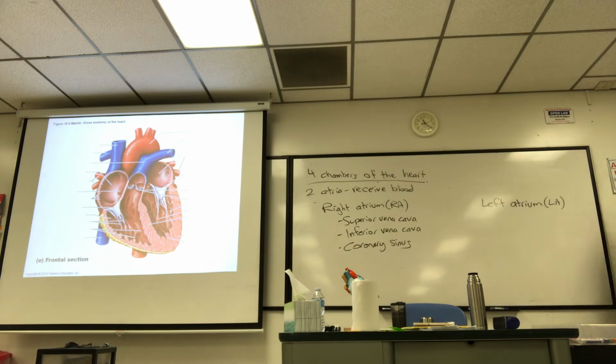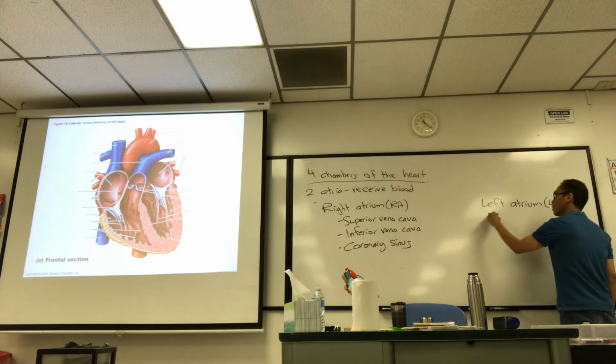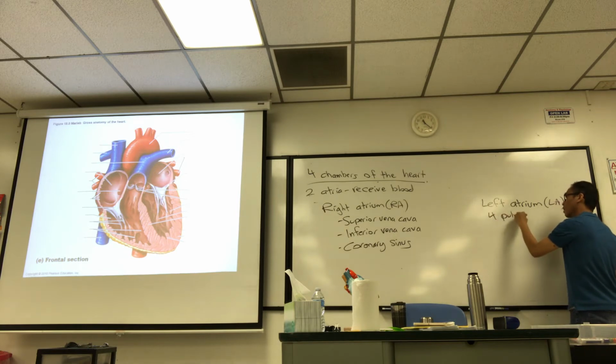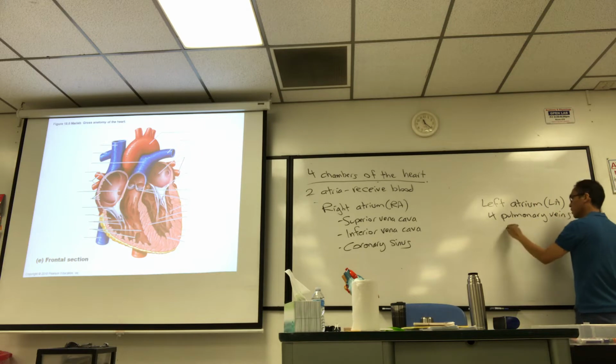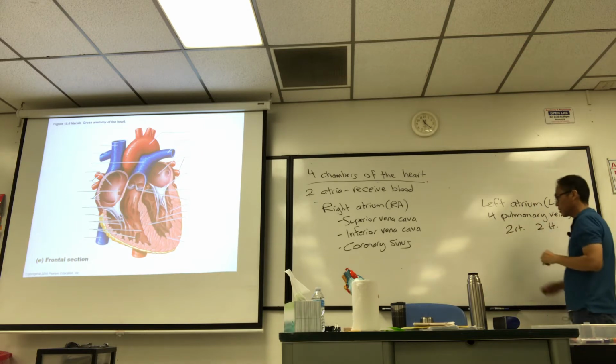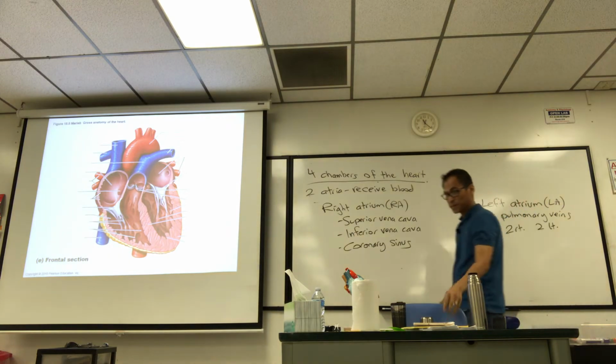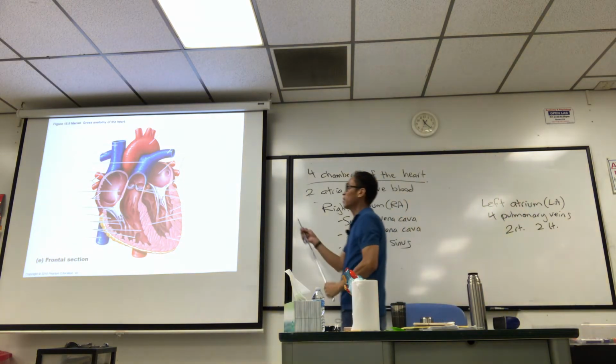I'll point them out to you in a second, the ones you can't see on this view. In the left atrium, there are 4 pulmonary veins that drain oxygenated blood to the left atrium. 4 pulmonary veins. And you should be able to distinguish 2 right and 2 left pulmonary veins. Or if they're on the right or the left, basically. So let's do those first.